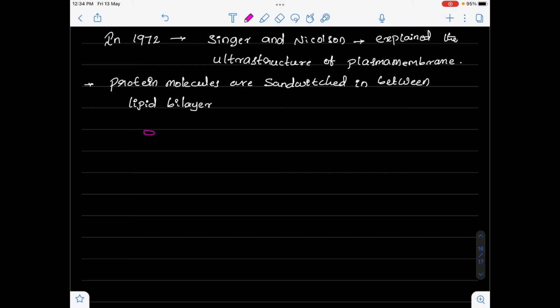Here I am taking a rough diagram. This is one phospholipid molecule, like this. Many phospholipid molecules are arranged in two layers. Now let me draw the another layer of phospholipid molecules.